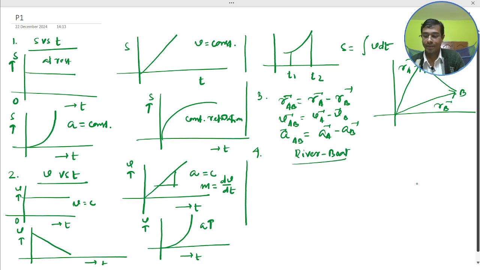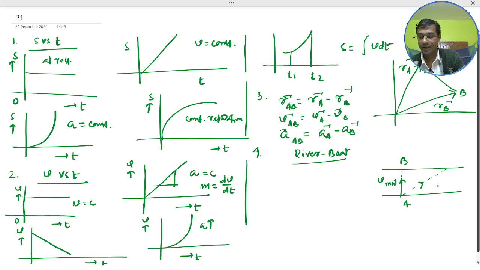In the river boat case, this is the river, point A, this is the velocity VMW, this is point B, A to B, and this is VMG, this point is P. So velocity with respect to water is the velocity with respect to still water.